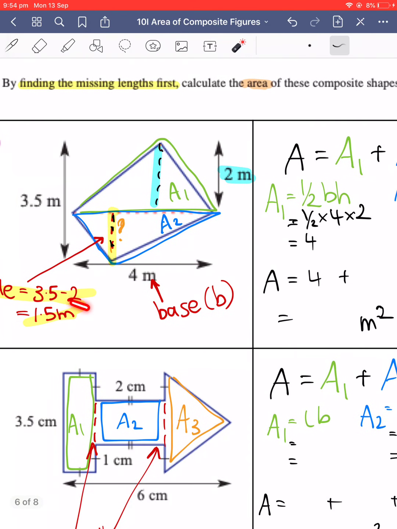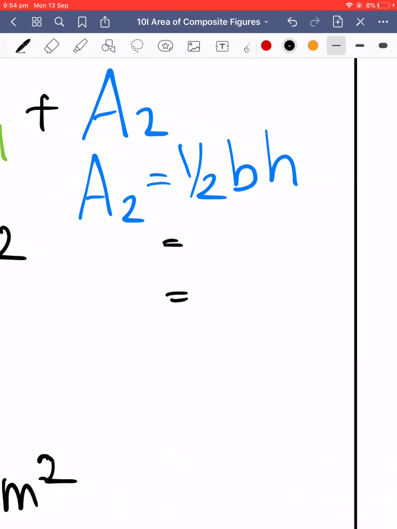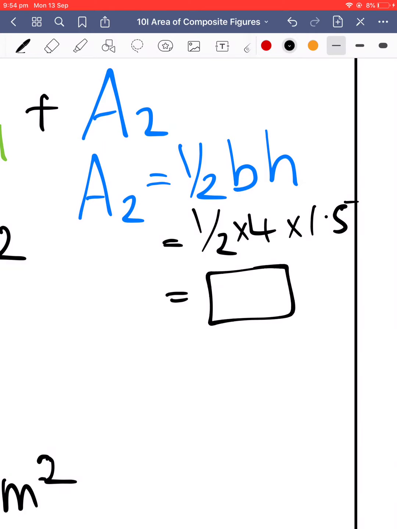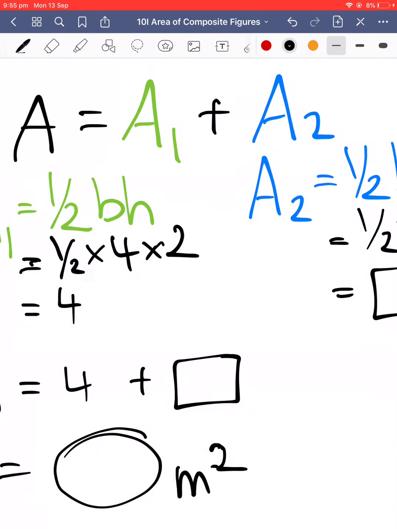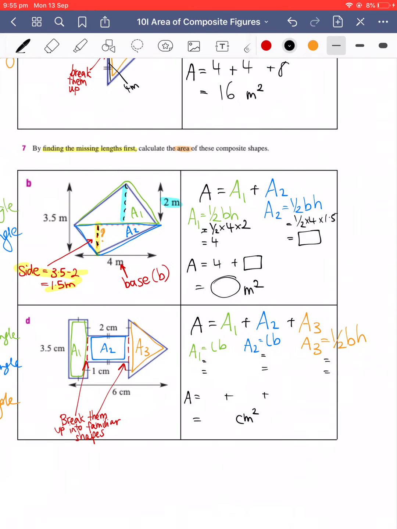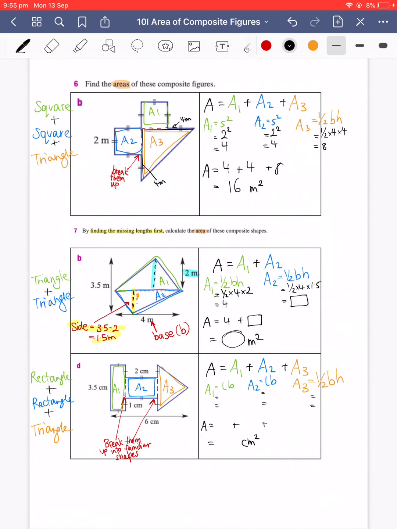So our height in this case is 1.5 and my base is 4. So let's plug it in, same as before. Half times my base, which was 4, times by 1.5. Whatever that answer is, we add it together and we get our final answer and we put in our meters squared. Last one we have before we move on to question 8.